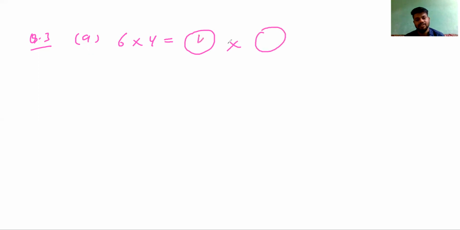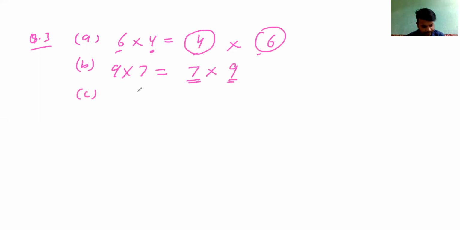So it is actually 4 into 6. The lesser number you write first and the greater number in the second box. In the same way, 9 into 7. So you are going to write 7 into 9. This is the answer.